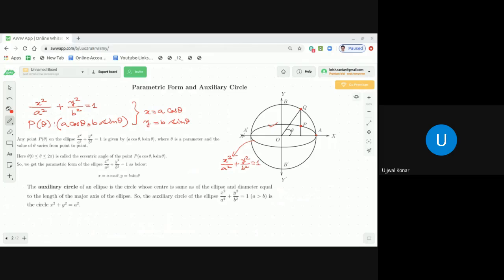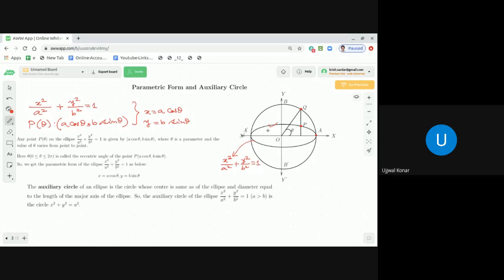Corresponding to this point P on the ellipse x square by a square plus y square by b square equal to 1, we get a point Q on the auxiliary circle. That point Q will have the coordinate a cos theta, a sin theta. Correct or not?